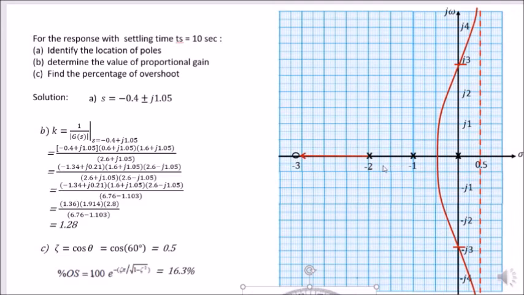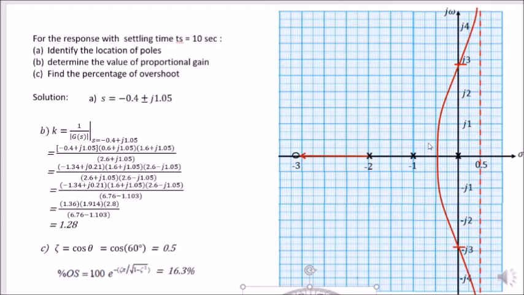So in order to make sure Ts is equal to 10, zeta omega n should be 0.4, because 4 divided by 0.4 gives 10 seconds.